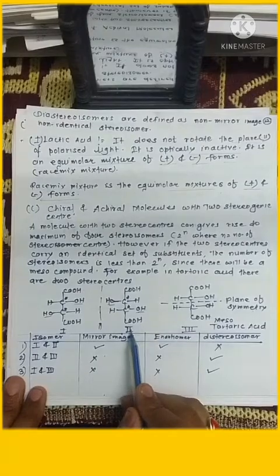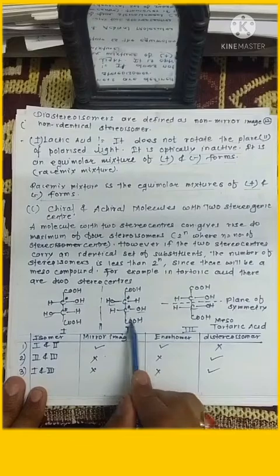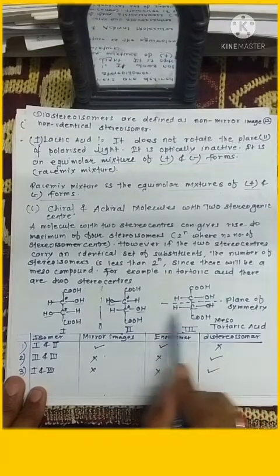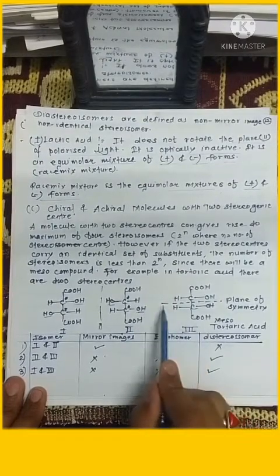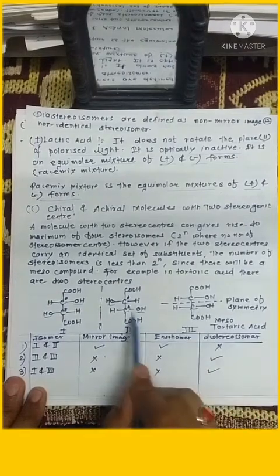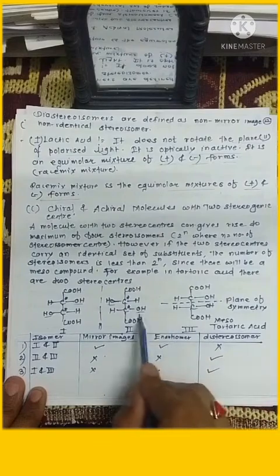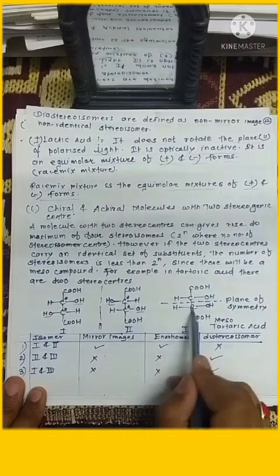Now see, structure 2 and structure 3 are isomers because they have the same molecular formula but different structural formula. That's why they are isomers of each other, but they are not mirror images of each other. That's why they are not called enantiomers, but they are diastereomers of each other.